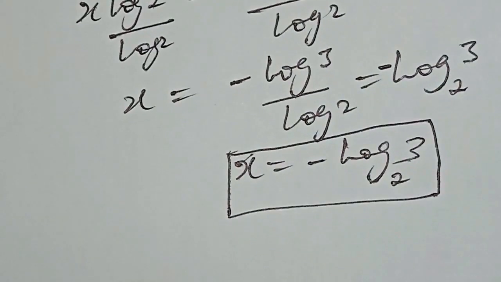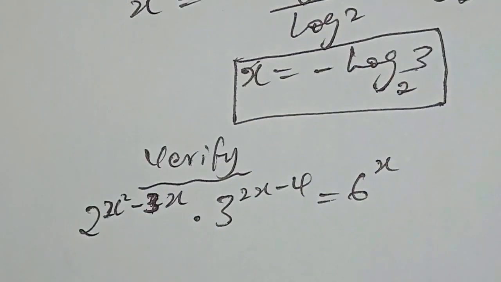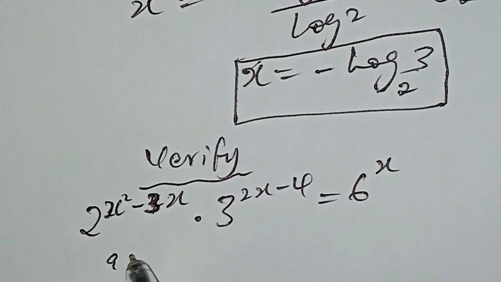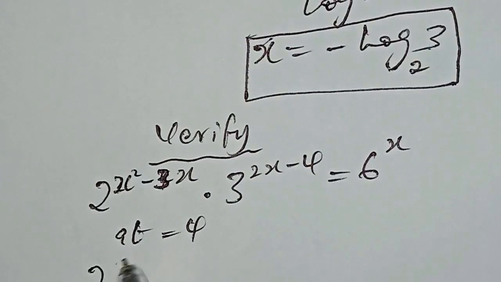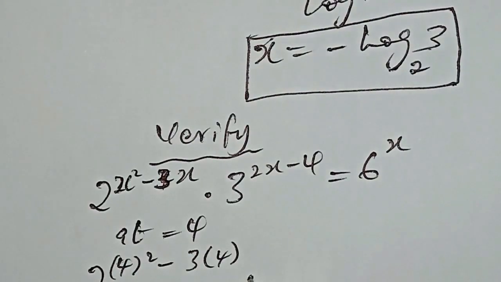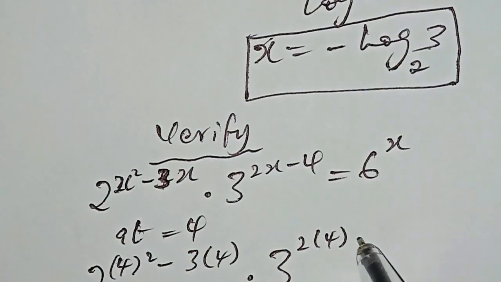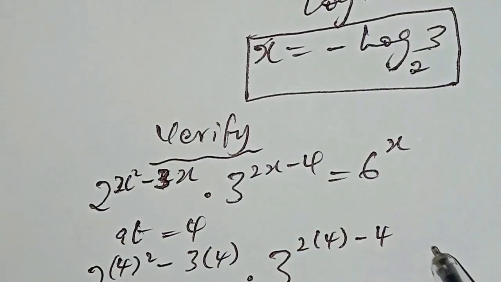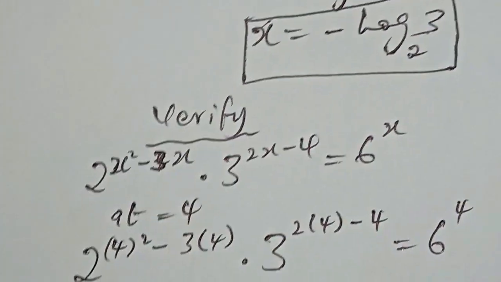Now let's verify this value of x from our earlier question. So f at x equal to 4 implies 2 to the power of 4 squared minus 3 multiplied by 4, multiplied by 3 to the power of 2 multiplied by 4 minus 4, equal to 6 to the power of 4.